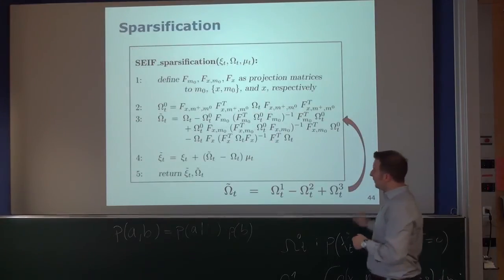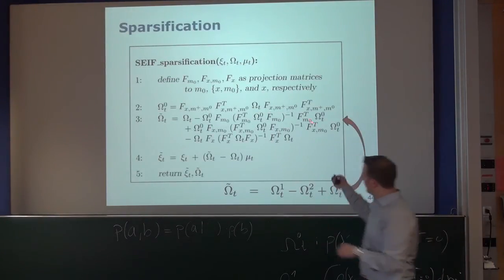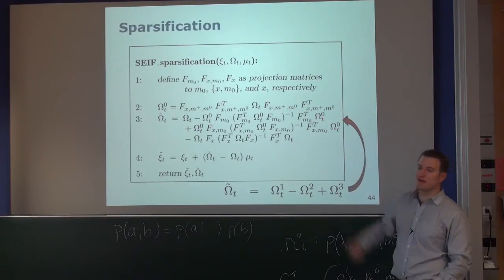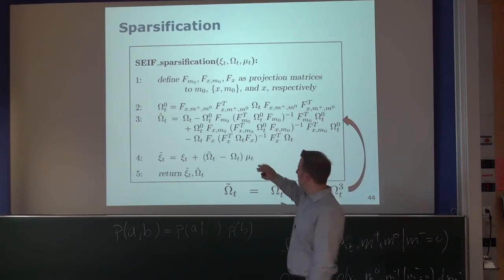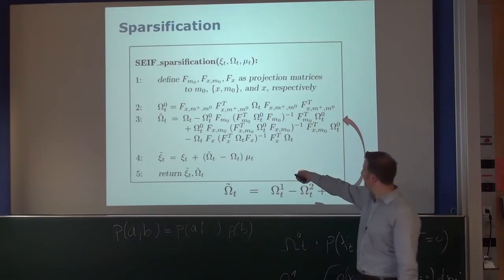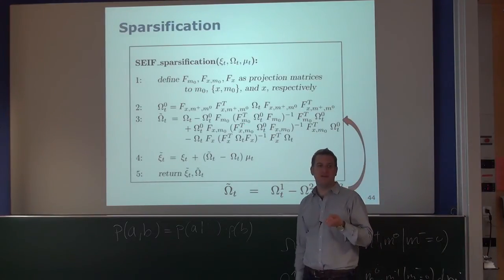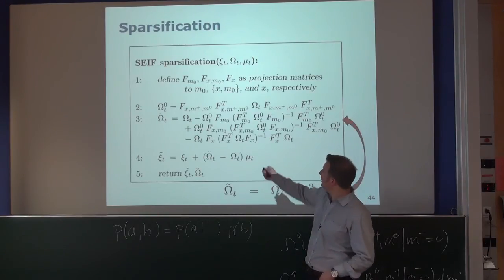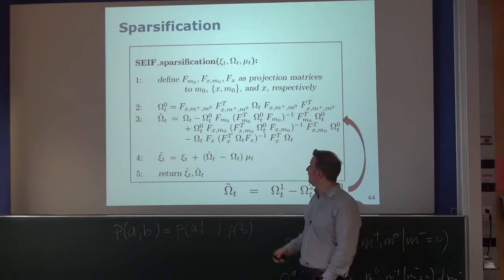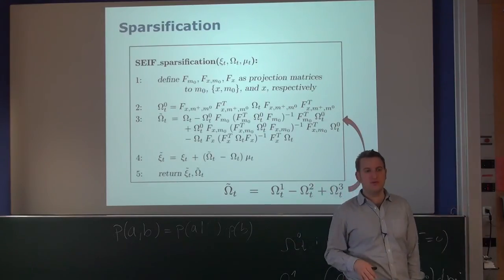Okay. So this is then what the sparsification algorithm looks like. This ugly block here is just the individual conditioning, and the rest were just the marginalization steps of the information matrix, marginalizing out the individual values. And these matrices F here are just these projection matrices that we used already.